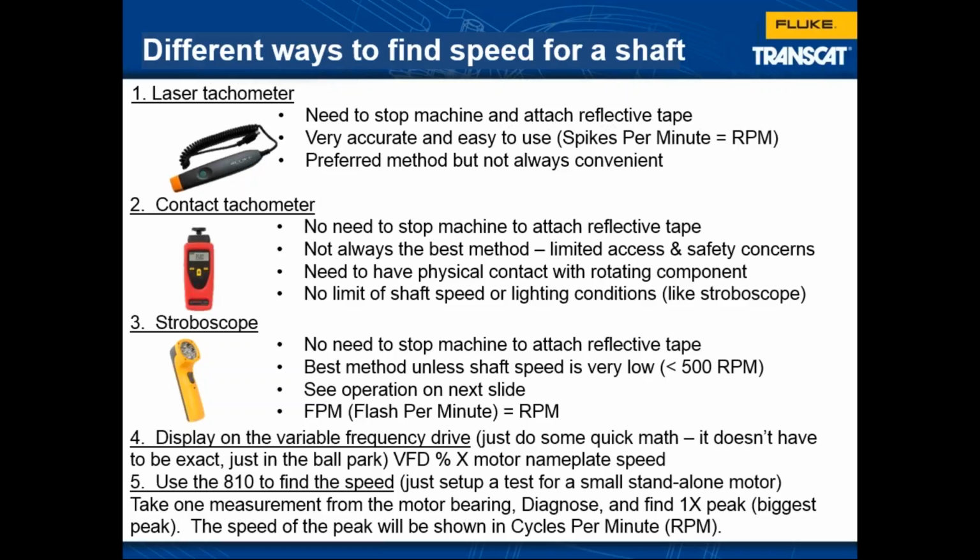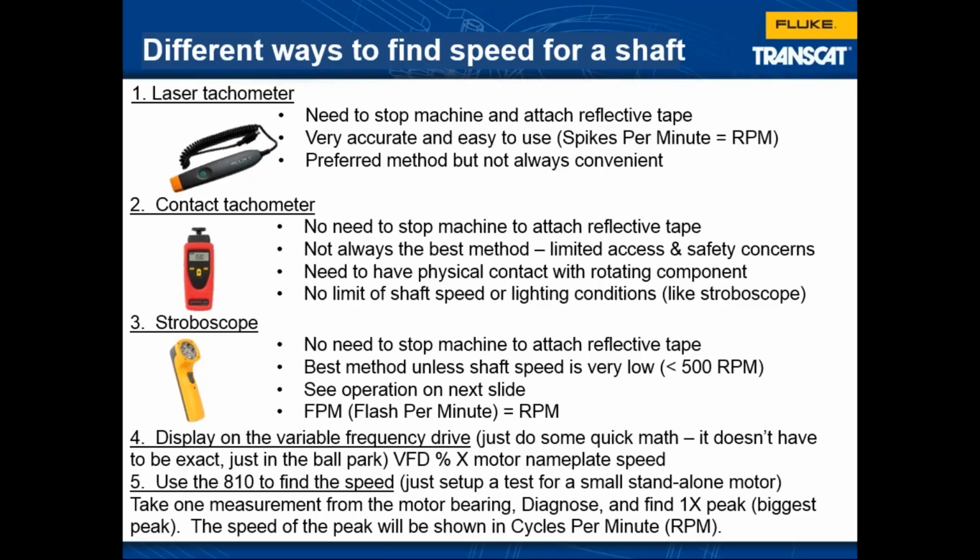So the speed can be found by using a laser tachometer. Laser tachometer is nice, but it requires you to put a piece of reflective tape on the shaft. You could use a contact tachometer, but that means that you're going to have to touch the shaft, and in a lot of places that's not safe. You could use a stroboscope.